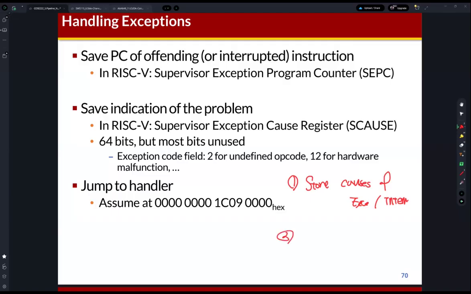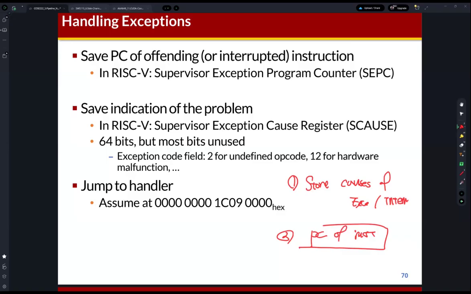And I said that the CPU needs to return to the exception point, which means the instruction that causes the exception. So what is required? The return point, which means the PC of the instruction.